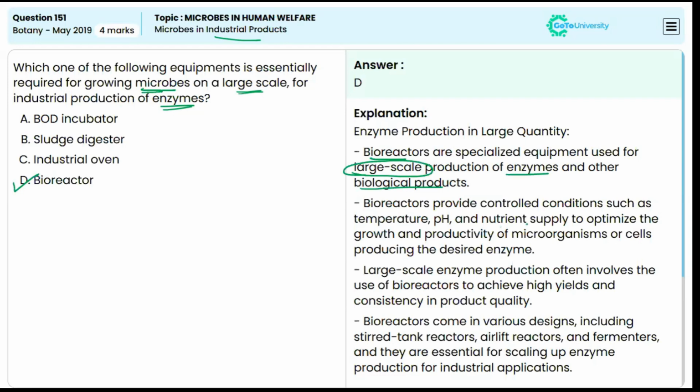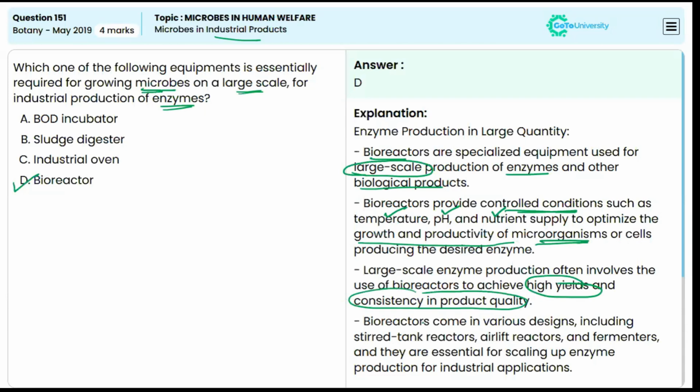They provide controlled conditions such as temperature, pH and nutrient supply. This optimizes the growth and productivity of microorganisms or cells producing the desired enzyme. So large-scale enzyme production often involves the use of bioreactors to achieve high yields and consistency in product quality.